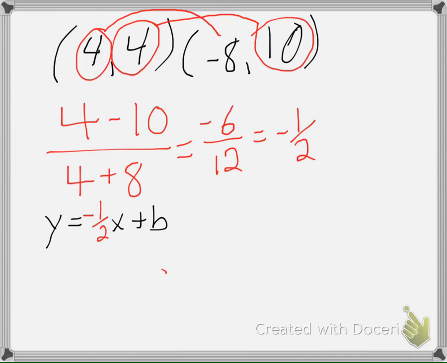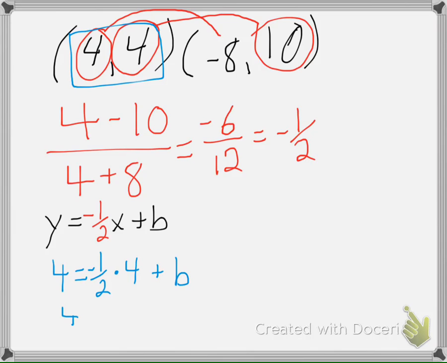And then to find out what b is, I can choose any x and y value that's a solution. So we have a nice simple one here because I have x is 4, y is 4. So that would be my preferred one to plug in. So I'm going to replace y with 4, and I'm going to replace x with 4. And so I get this. And now I can solve this for b.